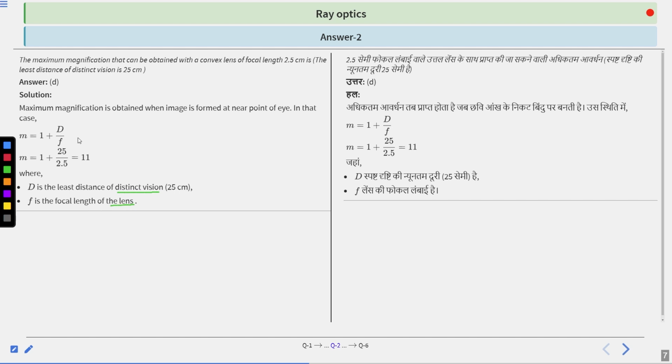So the correct option is D. The maximum magnification that can be obtained with a convex lens of focal length 2.5 centimeter is 11. Option D is correct.